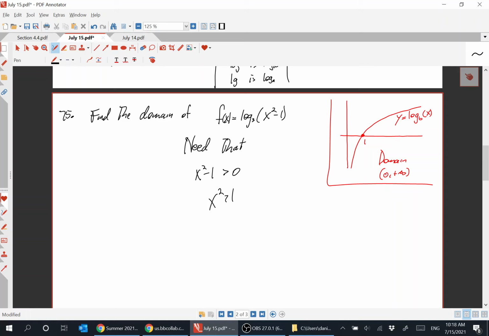You don't know if this is positive or negative. I mean, essentially you can't solve quadratic inequalities or polynomial inequalities by doing square roots.